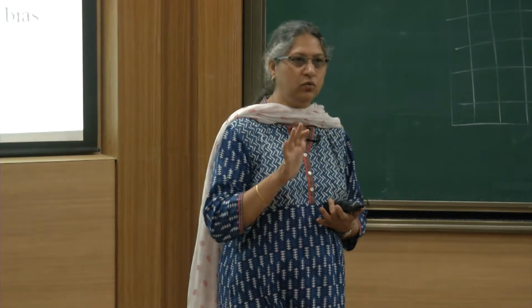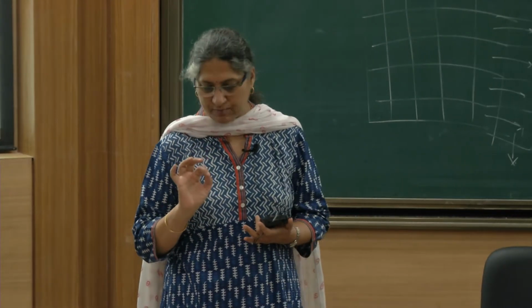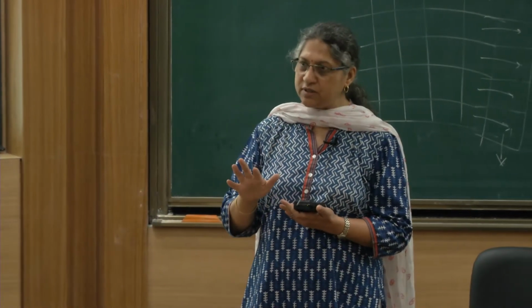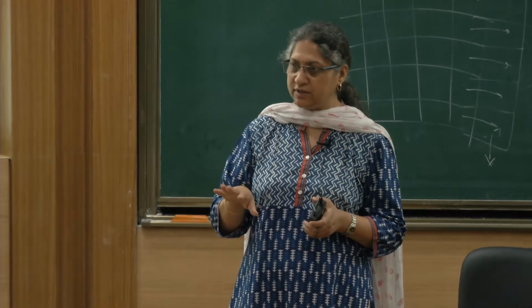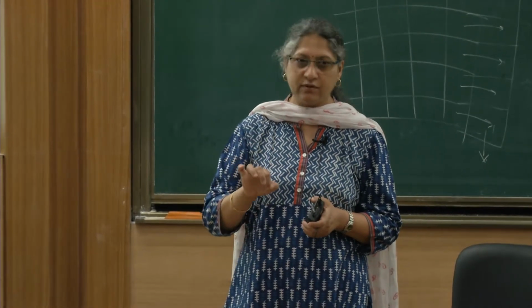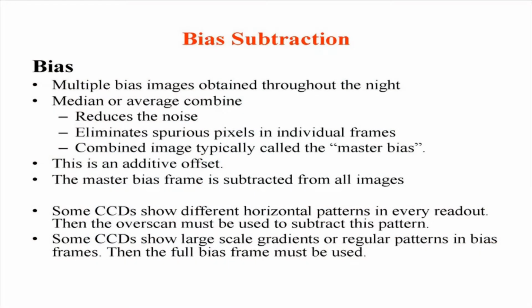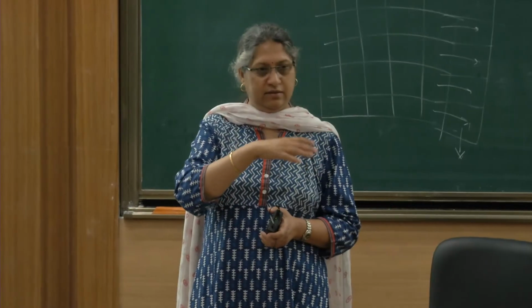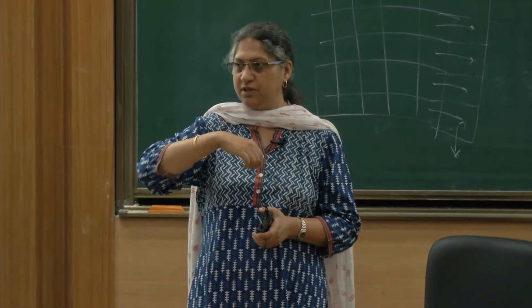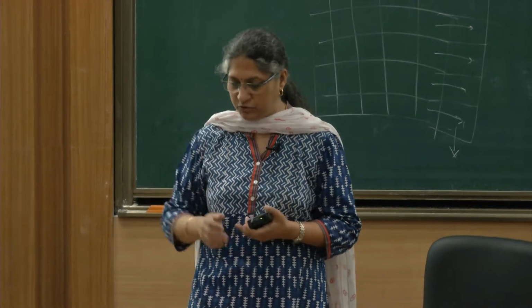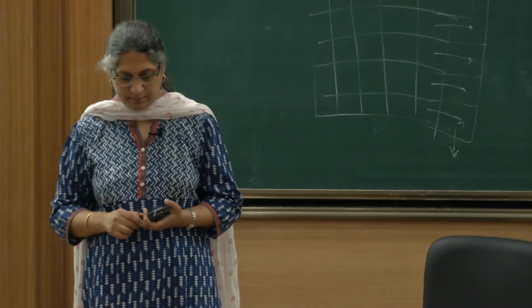So you take these multiple bias images and then you combine them, you do a median or an average combining. Why do you do this? To reduce the noise, which is essentially the read noise that you have. And if there are some spurious events, for example cosmic ray hits, when you do this median combining, they're not going to be in the same position in all your frames, so they get removed from the final combined frame.